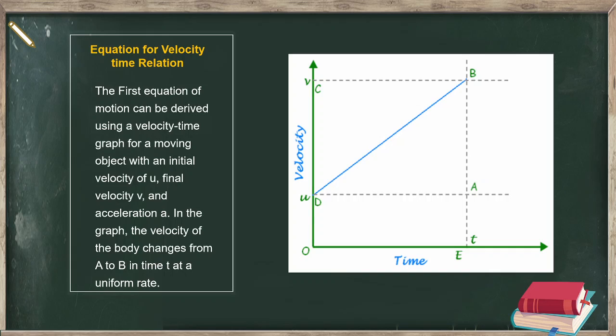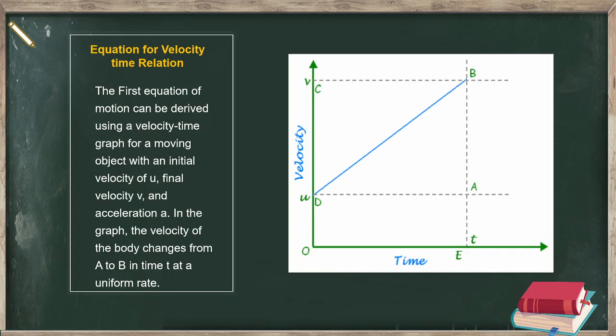The perpendicular lines BC and BE are drawn from a point B on the time and velocity axis respectively, so that the initial velocity is represented by OA. The final velocity is represented by BC and the time interval t is represented by OC.